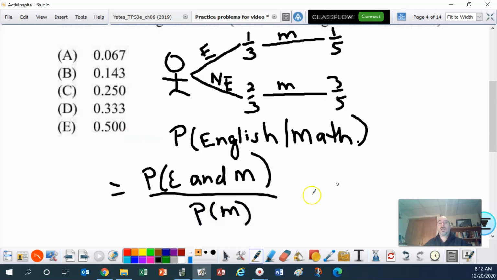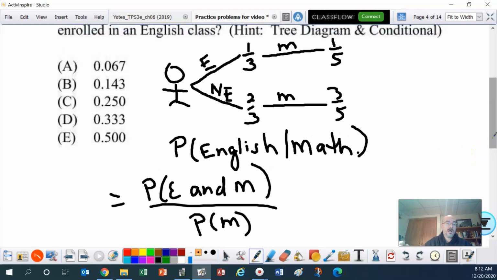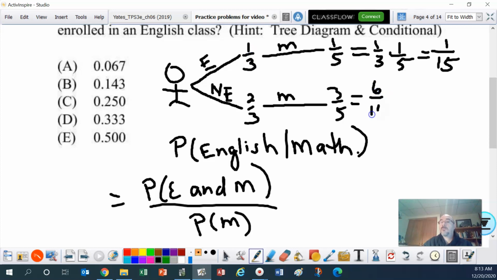Well, let's see. English and math: if I multiply these together, 1/3 times 1/5, that's 1 out of 15. If I do no English and math, that would be 6 out of 15.